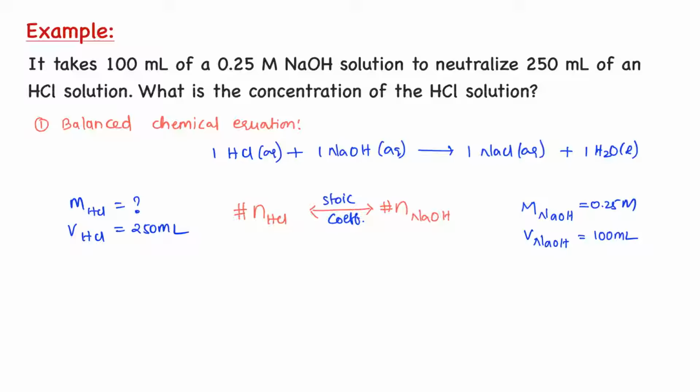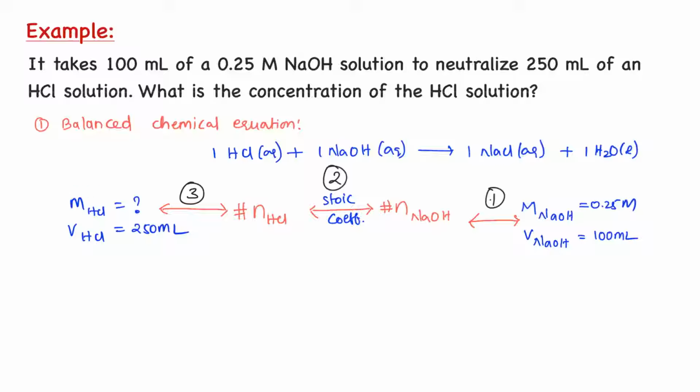First, we can use the molarity and volume of the sodium hydroxide to determine the number of moles of sodium hydroxide. Then, we can use the number of moles of sodium hydroxide and the stoichiometric coefficients to determine the number of moles of hydrochloric acid. And in the third step, we can use the number of moles of hydrochloric acid and volume of the hydrochloric acid to determine the molarity of hydrochloric acid.